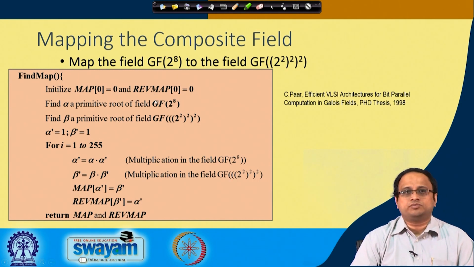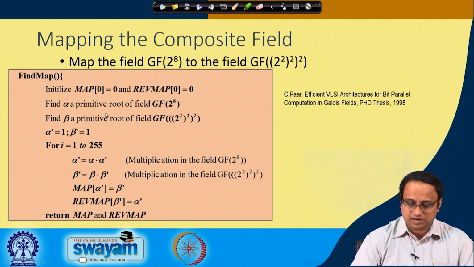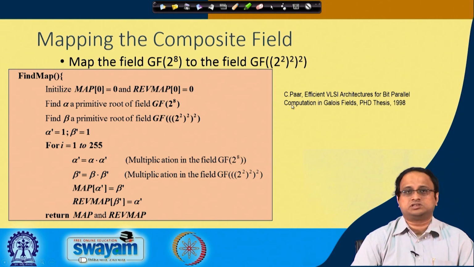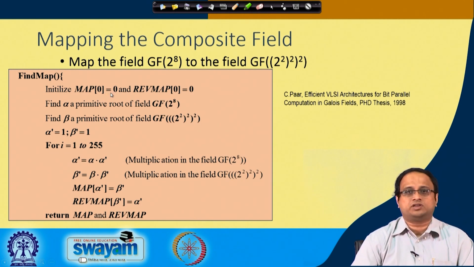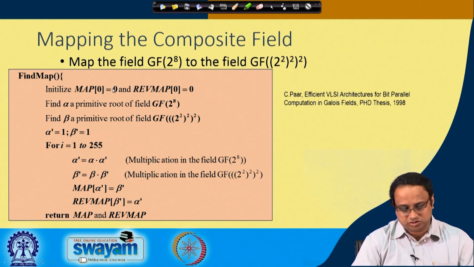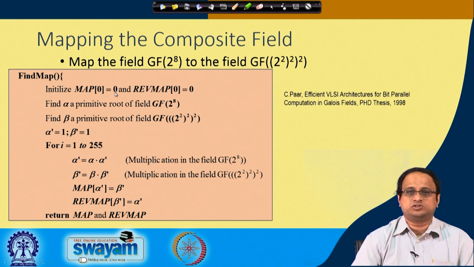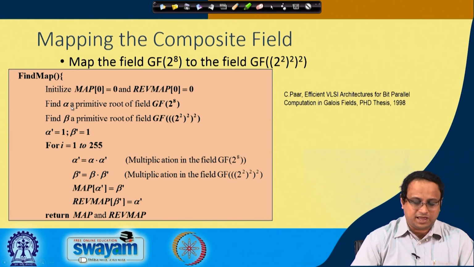How we transform this element from GF2 to the power of 8 to this composite field, I will not go into details here because that is what we covered in the last class, but maybe you can go through this thesis, which is a very nice reference for this kind of discussion. Just to remind you, one way of doing that is you map the 0 of GF2 to the power of 8 to the 0 of the composite field, and then find alpha, which is a primitive root of the field GF2 to the power of 8.